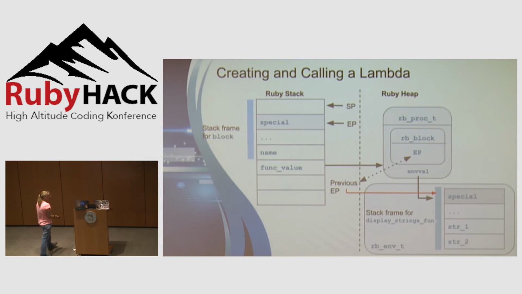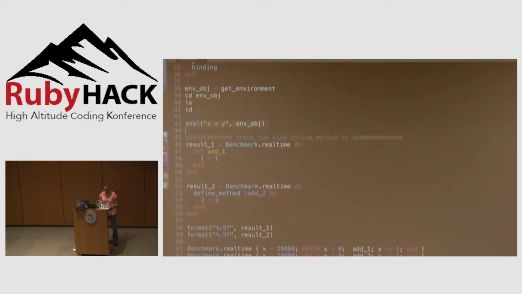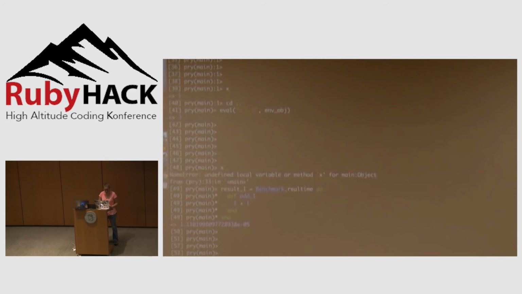Again, you may ask, how slow exactly is define method? Well, we can do some more benchmarking. So what I'm going to do is define two methods. The first one using the def keyword, and I'm going to benchmark how long it actually takes to create that method, and hope it works.